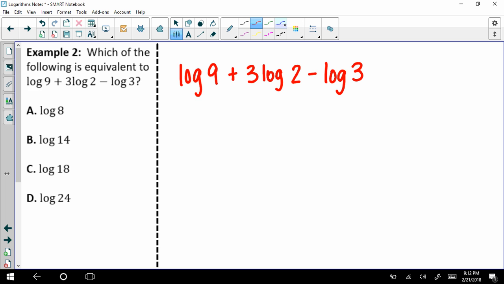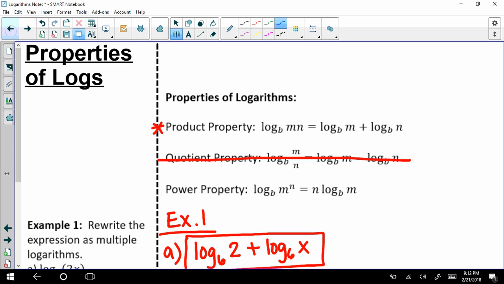Okay, now the first thing I notice is that you have a number multiplied in front. So if I go back here, when you have a number multiplied in front, now we're going from right to left, that means that it goes as the exponent of whatever's inside the log.